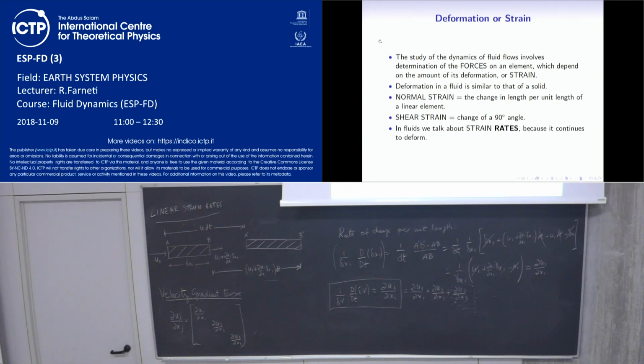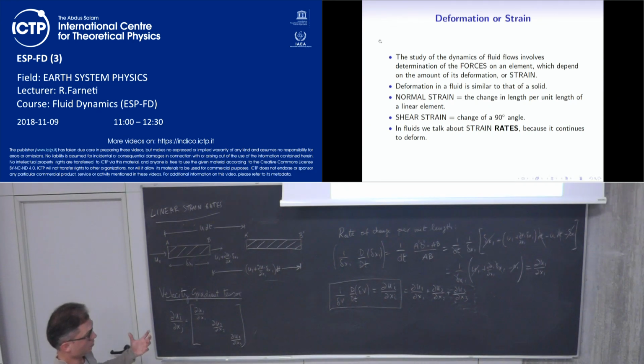You're still not convinced? I'm confused. Especially now you go down here. You only capture the term with respect to xi. So whatever happens, the rate of change per unit length will be given by this, and these are my linear strain rates.